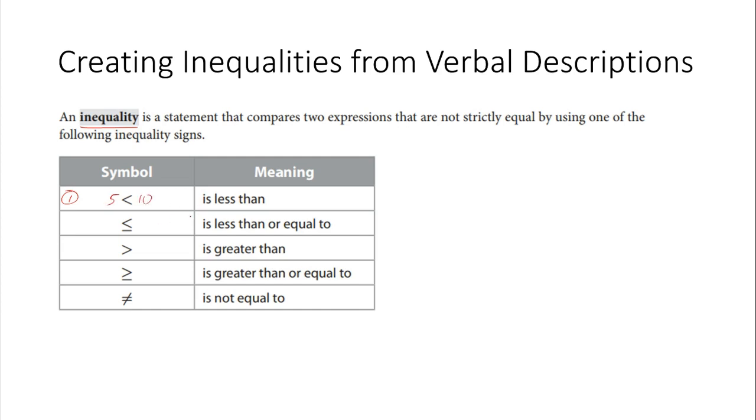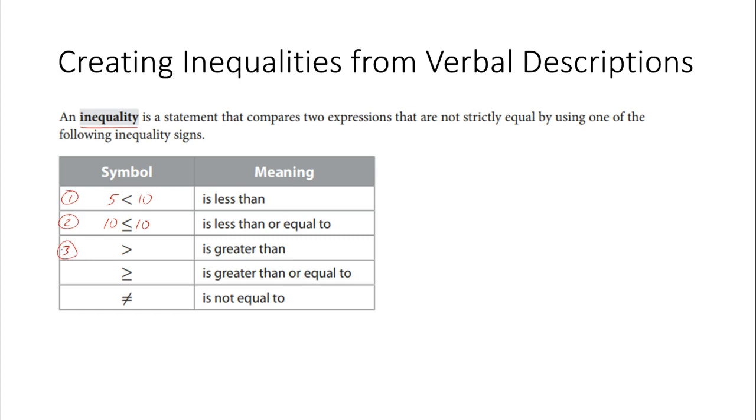The second one is less than or equal to. For example, 10 is less than or equal to 10. Now, is it less than? No, but is it equal? Yes. So part of that is true.